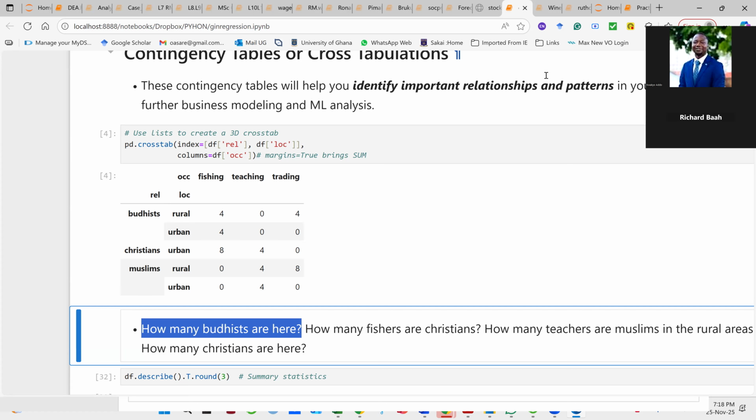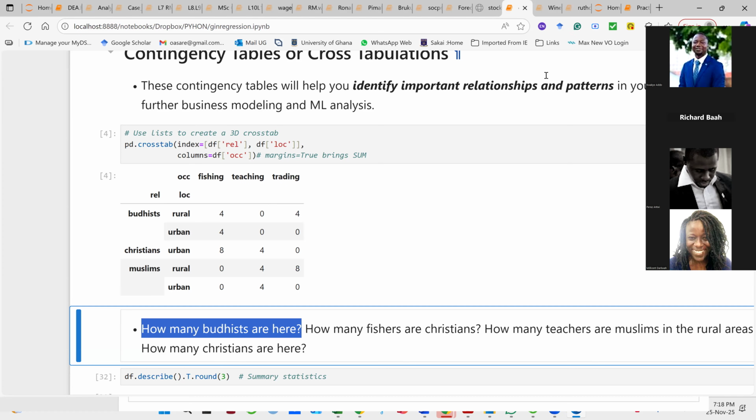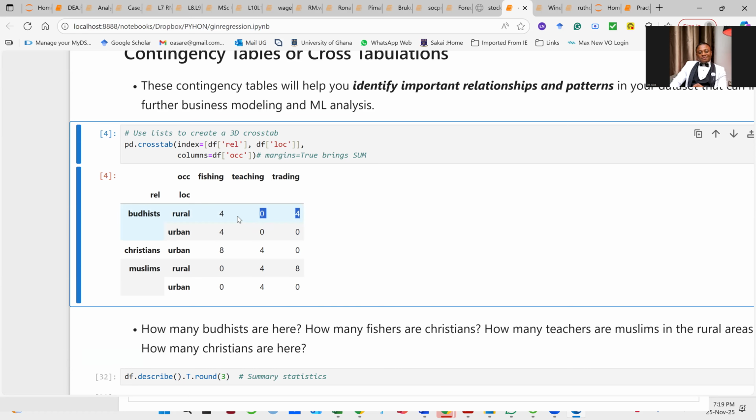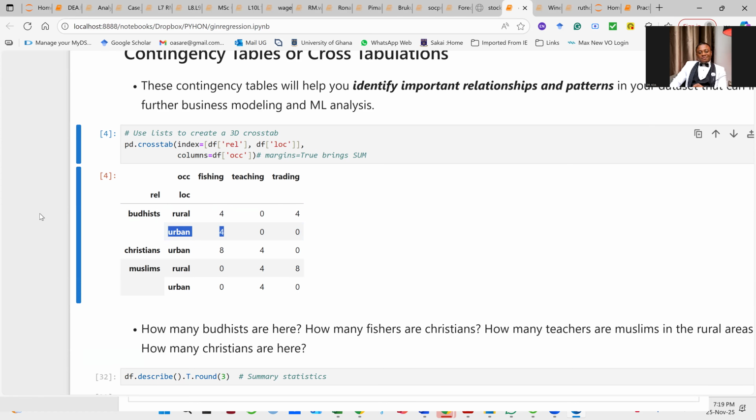Wrong. Richard Ban, how many Buddhists are here? 12. Okay. When you look at the Buddhists, it's not only that row. It also includes that row, because we have Buddhists living in rural areas and Buddhists living in urban areas.